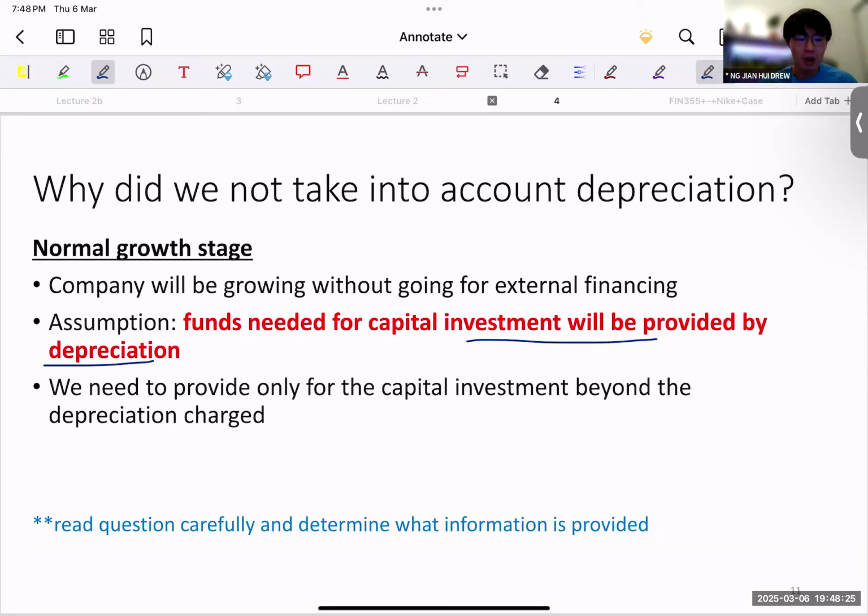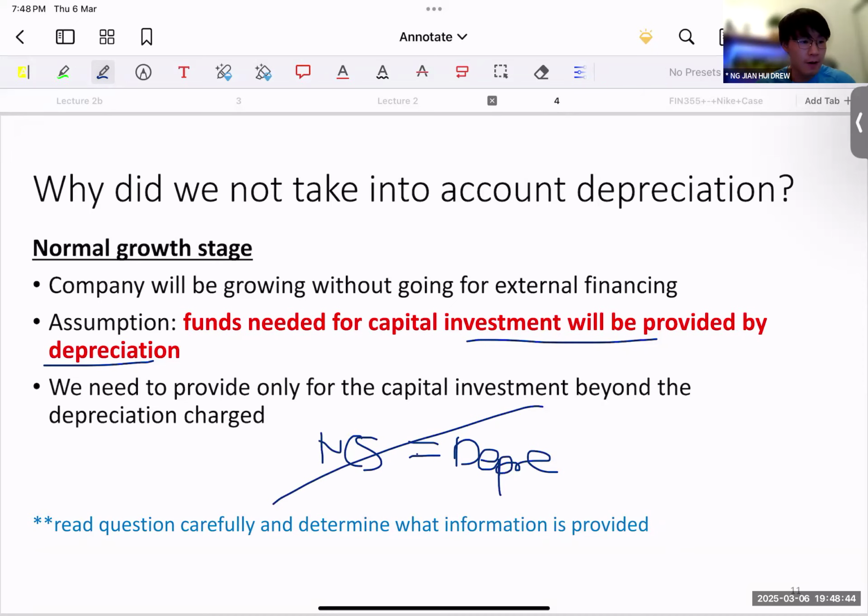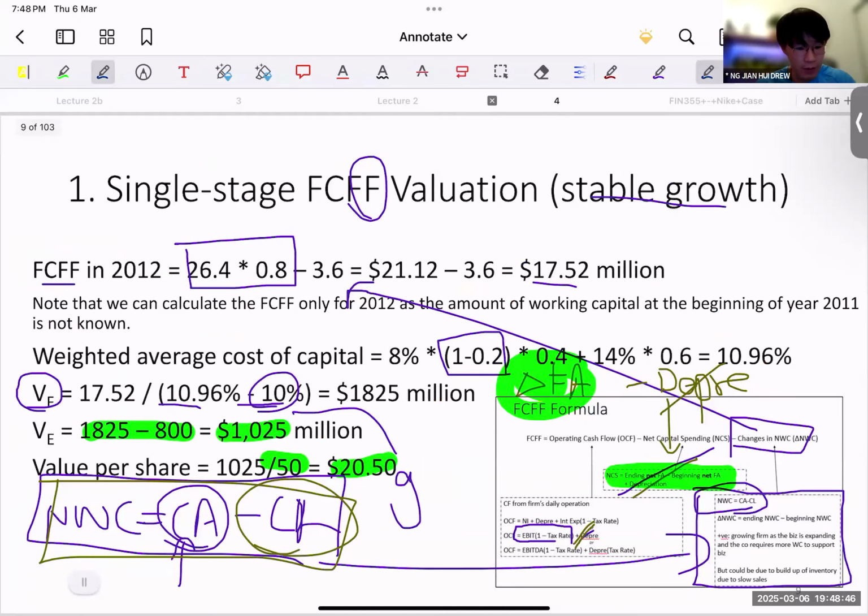And so because of that, your NCS equals depreciation, which is what we saw in the other question, and basically these cancel out with the depreciation in your operating cash flow.